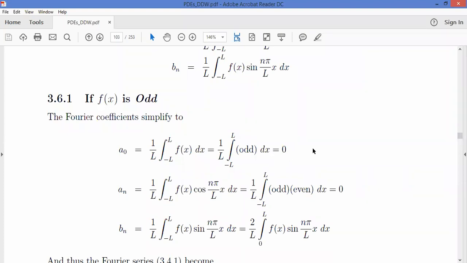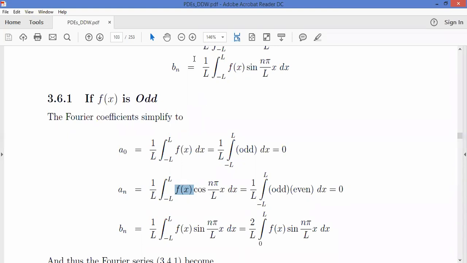Okay. Then what about An? An on a full range, guys, we got 1 over L, integral from minus L to L of f(x) cos. I hope we are together there. Now we are told that f(x) is odd, but we all know that cos of x is always even.